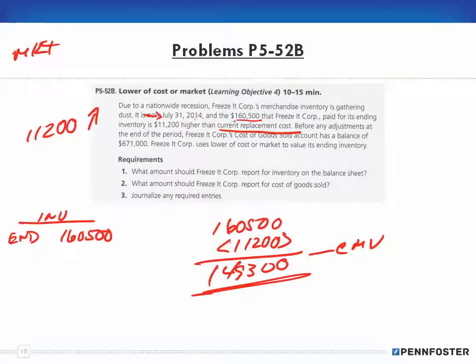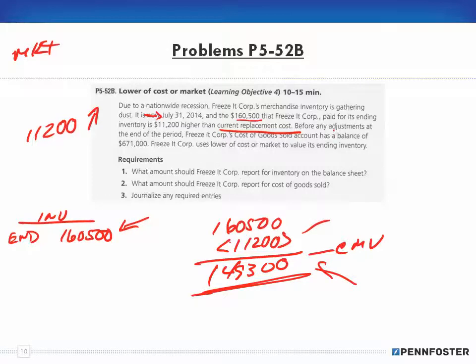On July 31st, the 160,500 paid for its ending inventory is 11,200 higher than the current replacement cost. So this is the current replacement cost. So now we have 3 bits of information. We have what we paid, we have what the market says it's worth, and we know how much the difference is.